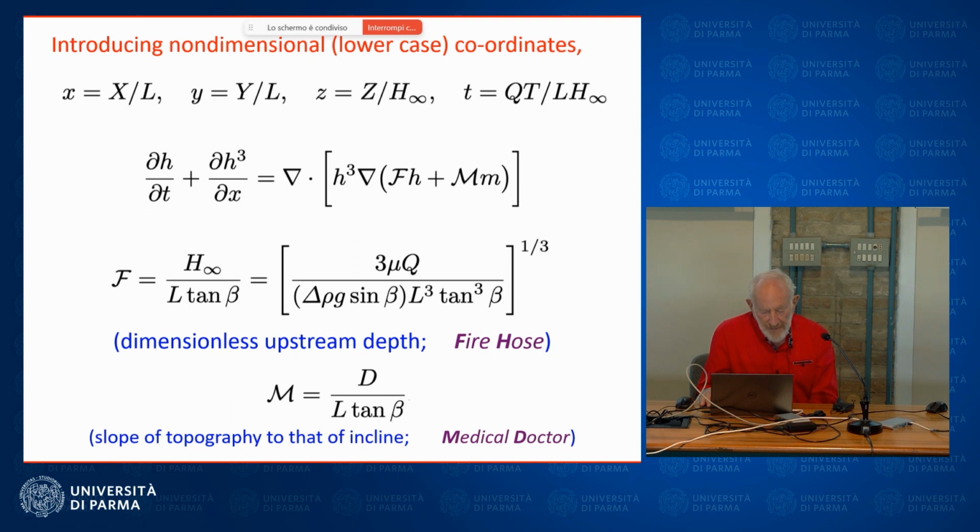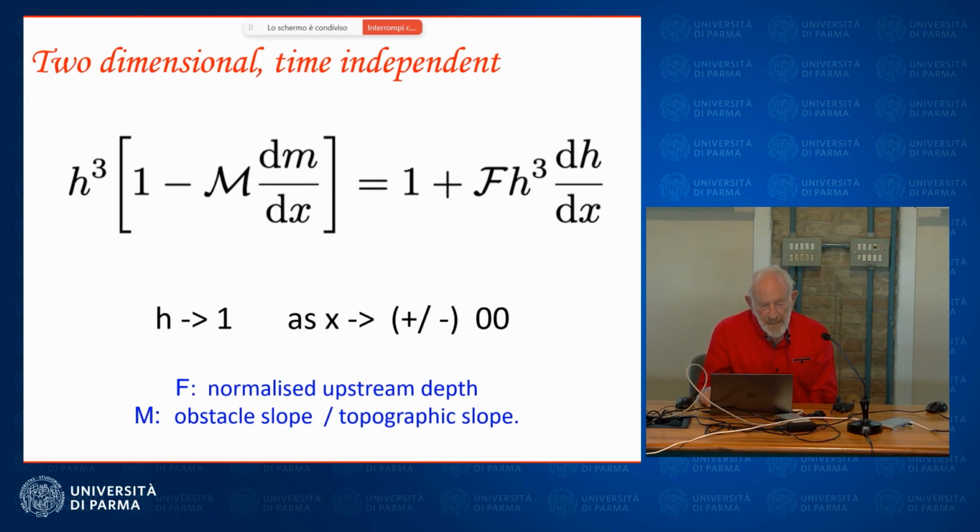And then curly M, which I always remember as medical doctor, is the width of the topography divided by the angle. Basically the slope, d over L, divided by tan beta.